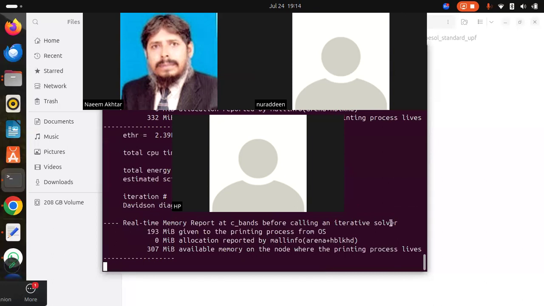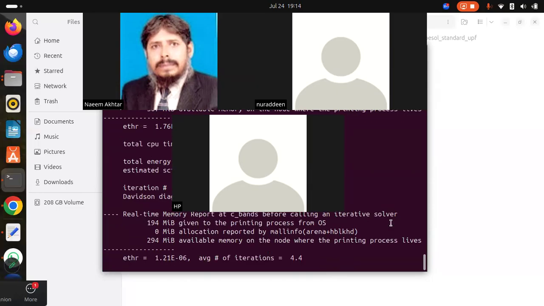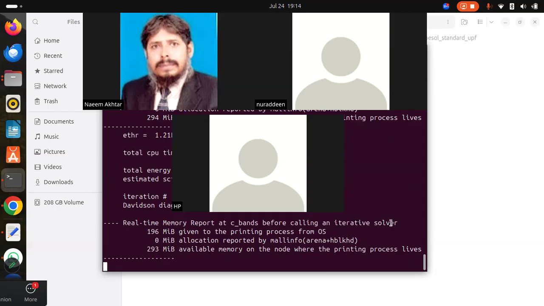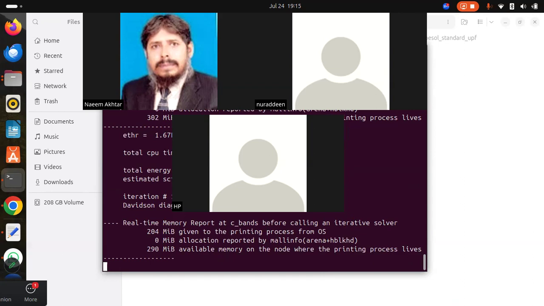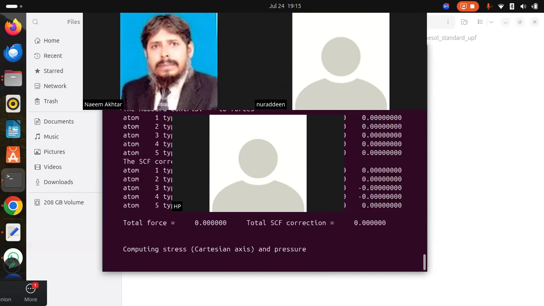Let us see if there is some difference. Now it is converged.